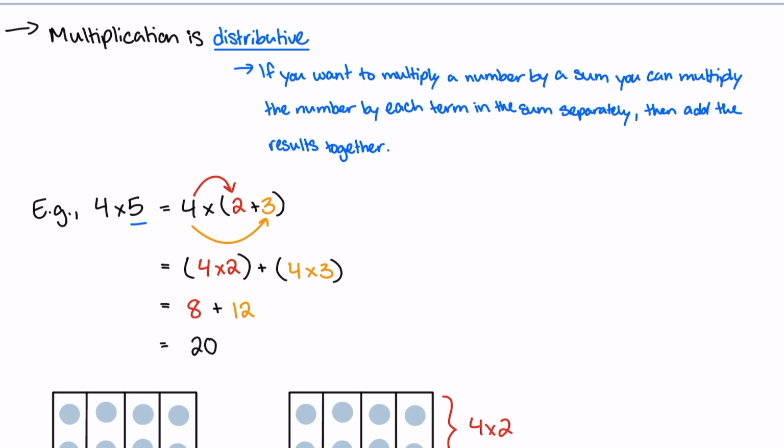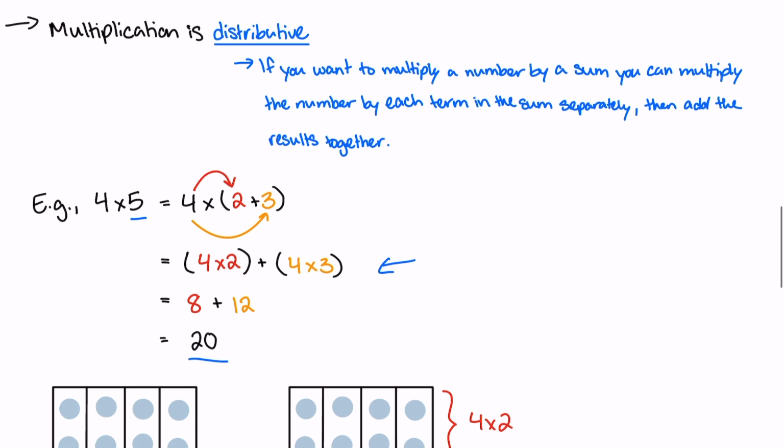And now what I'm going to do is multiply each term in the sum by the number outside the brackets, and that gives me 4 times 2 plus 4 times 3, shown down here. 4 times 2 gives us 8, and 4 times 3 gives us 12, and then once we add those two together, we get our answer, which is 20.